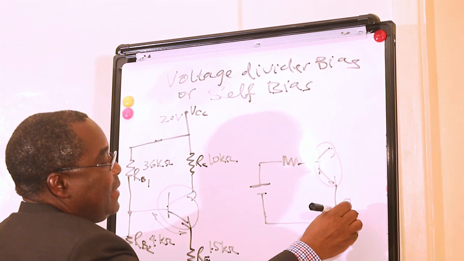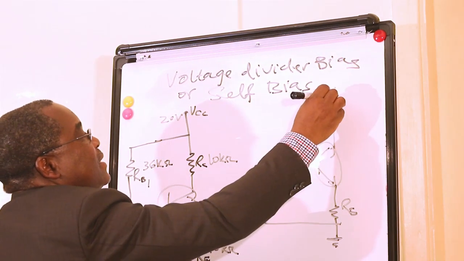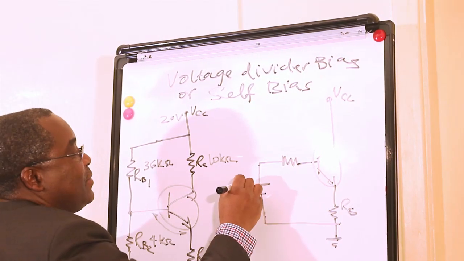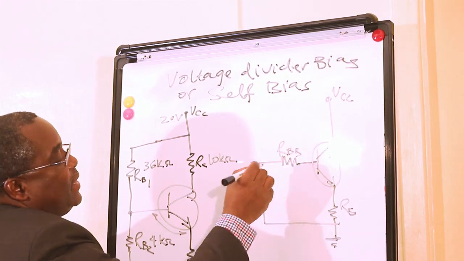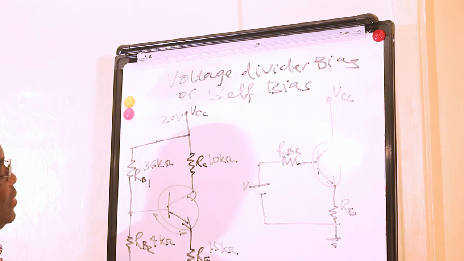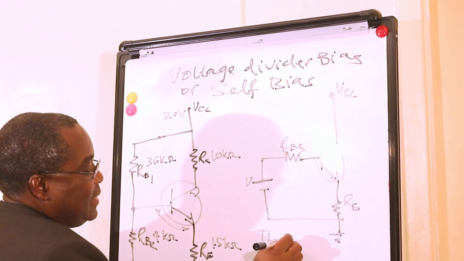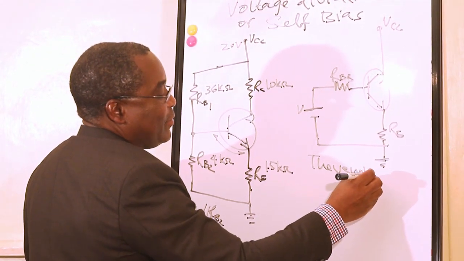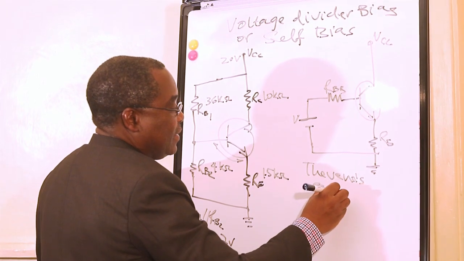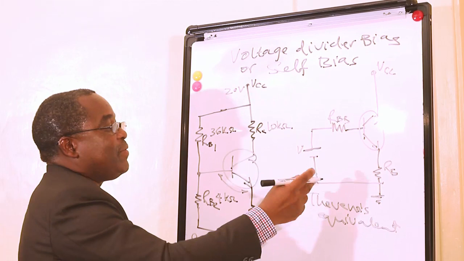This is the VCC. This is a voltage, and this is RBB, our Thevenin equivalent resistor. This is the Thevenin equivalent of this circuit.